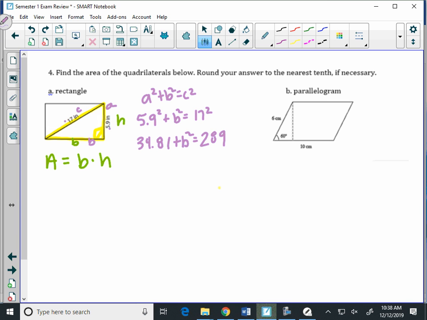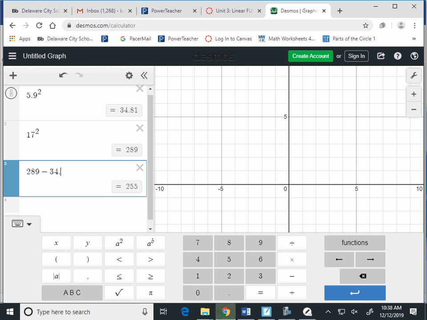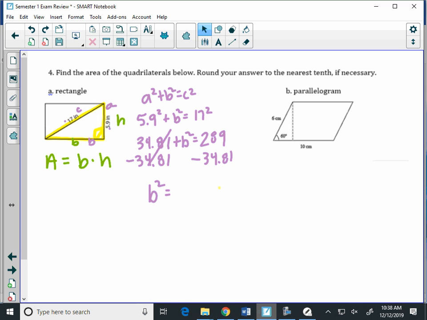We need to get B by itself, so I'm going to subtract the 34.81 on both sides. So B squared equals 289 minus 34.81, and that gives me 254.19.